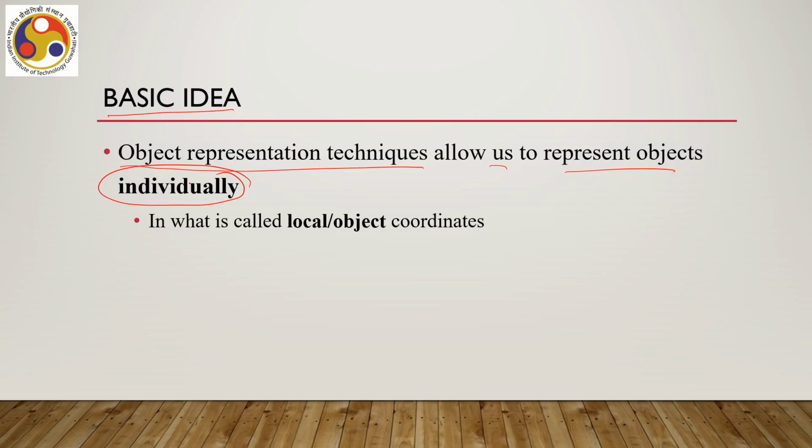So, for each object we can have an individual definition of the object, and that definition is often called the local or object coordinate system description of the object. Essentially we can think of each object as having its own coordinate reference frame in which the object is defined, that is its position, dimension and so on are defined.